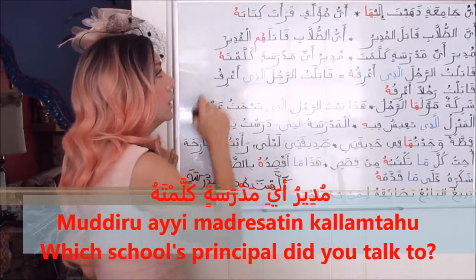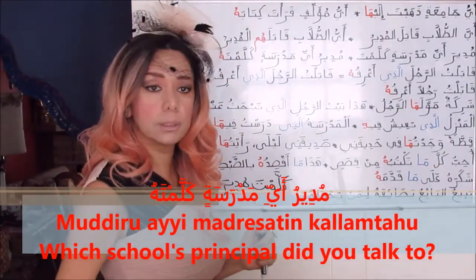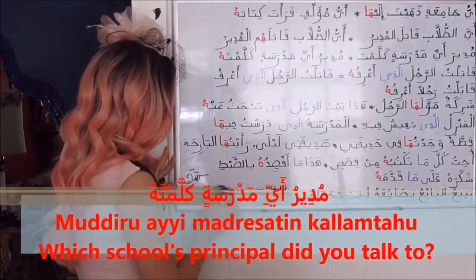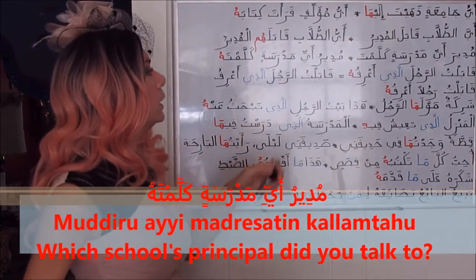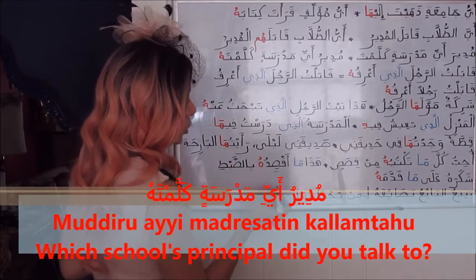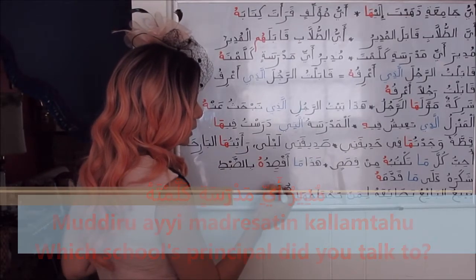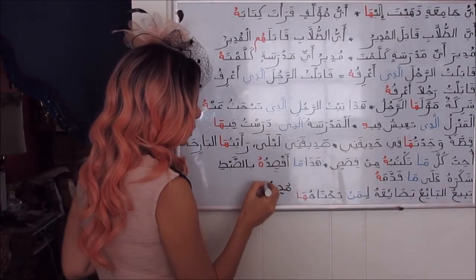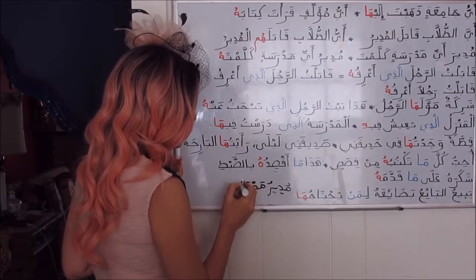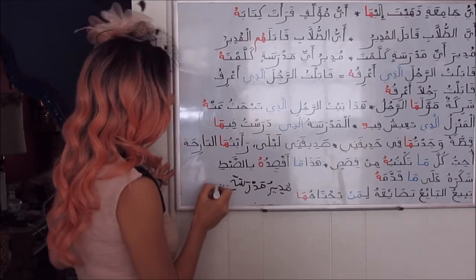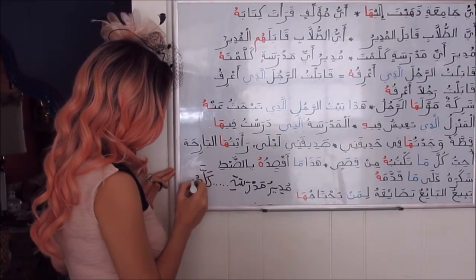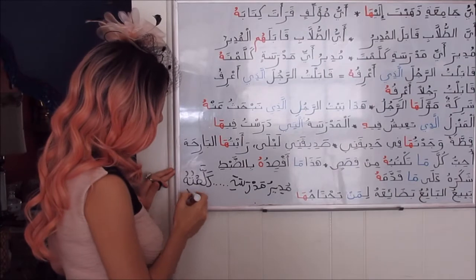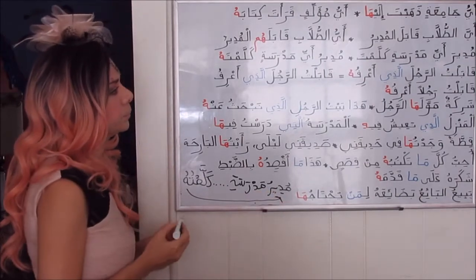So who is the best match? Third person singular. So here you would say مدير مدرستي. The way that you will answer, you will start with the subject. مدير مدرستي, and you name the school. كلمته, referring to the principal. Alright.